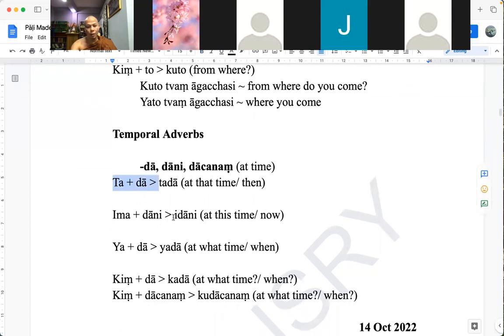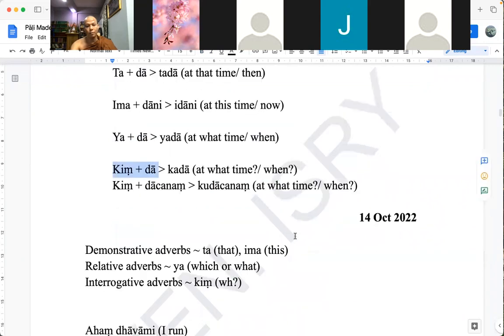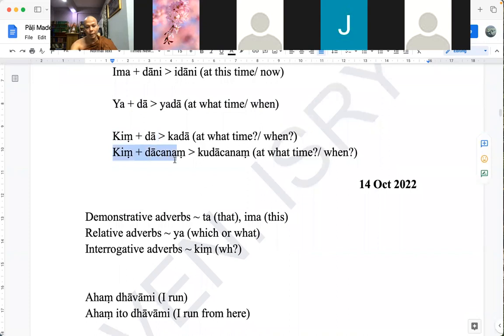Ima is changed to i, and that's idani, at this time, now. Ya and da, yada, at what time, when. Ka and da, kada, at what time, when, for a question. And ka and da jana, kuda jana, at what time, also when. So that is for the adverbs of time.